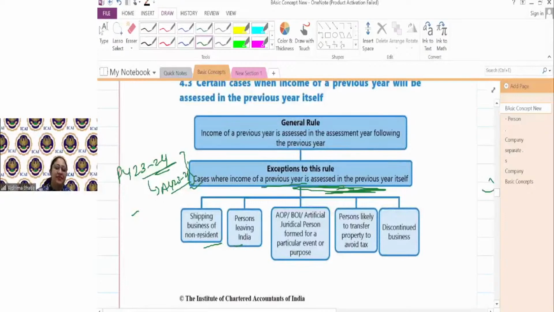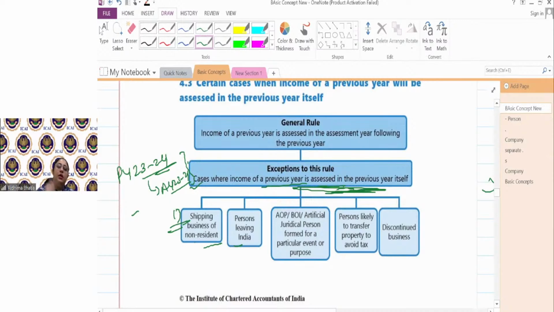Okay. First, when there is a shipping business of a non-resident. What does this mean? Listen carefully, there's a non-resident shipping company which has started a cruise from Singapore. Now it is coming to India with all the passengers in it.